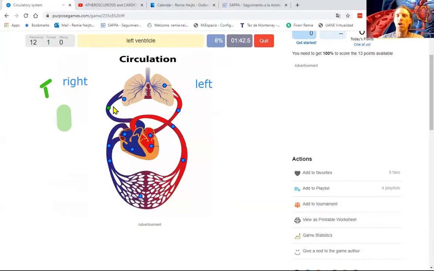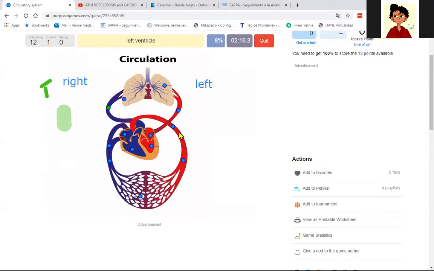Okay. Oliver, what is the left ventricle? Are you there, Oliver? We have four things here that can be the left ventricle. Which one is it? Which of the four points is the left ventricle?